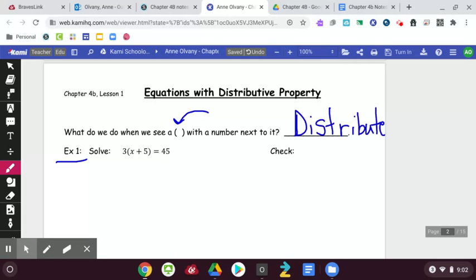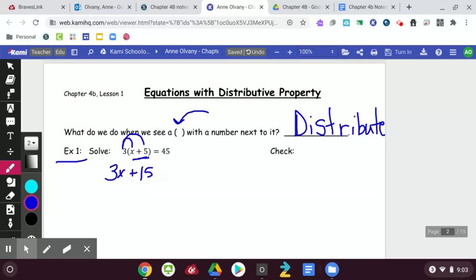But anyway, whenever you see a number directly next to a parenthesis like this with nothing in between, not a plus sign, not a minus sign, nothing else, that means we're going to multiply that outside number times the first number to get 3x. And then we're going to multiply 3 times positive 5, which is positive 15.